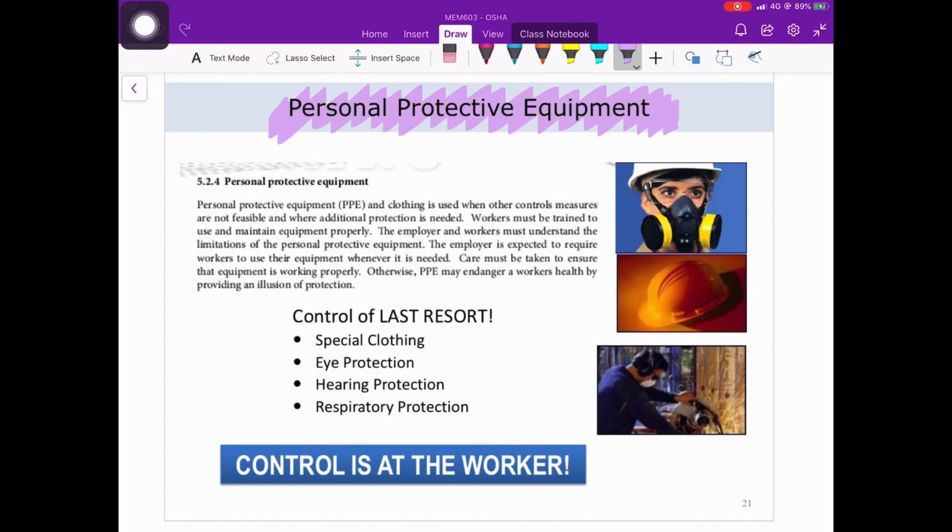The employer and workers must understand the limitations of the PPE. The employer is expected to require workers to use their equipment whenever it is needed. Care must be taken to ensure that equipment is working properly. Otherwise, PPE may endanger a worker's health by providing an illusion of protection.